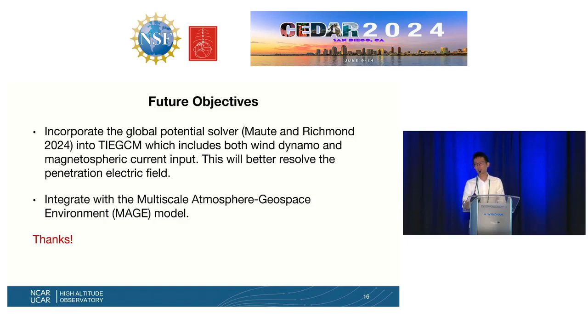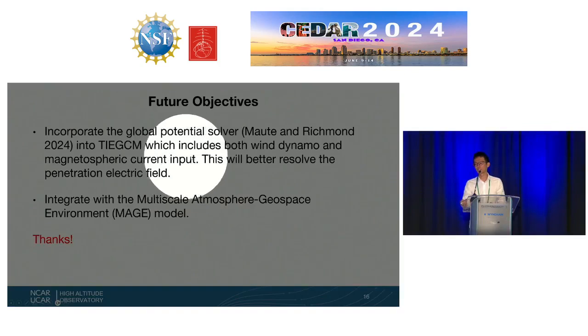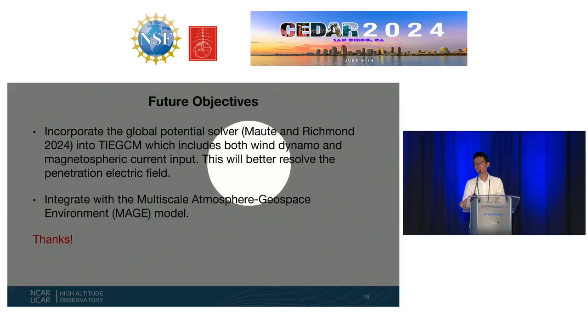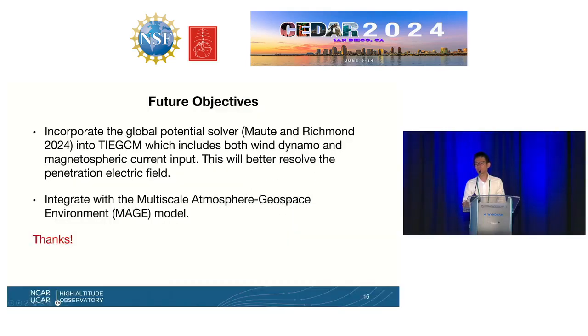After we incorporate the magnetospheric current input, we will get the so-called global potential solver, and this will also be integrated into TIE-GCM, and this will presumably better resolve the penetration electric field during storm time. Also, we are going to integrate this global dynamo solver into our multi-scale atmosphere geospace environment model. And please stay tuned to our CGS announcement, and thank you.